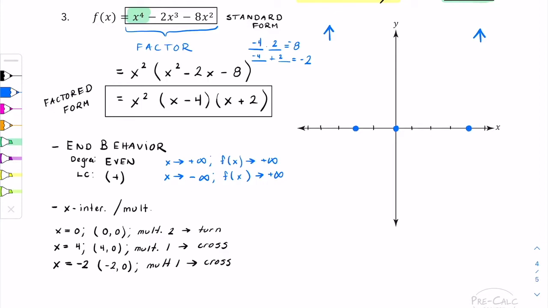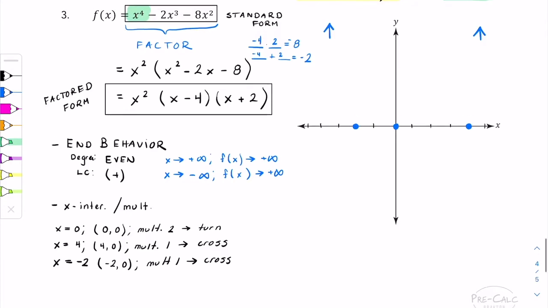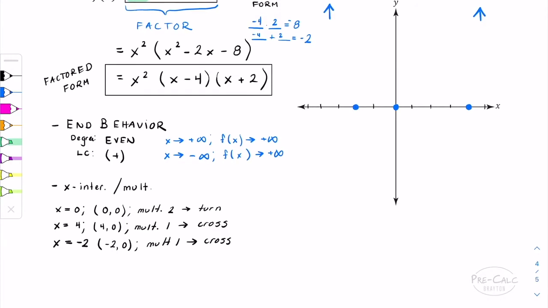Now I need to find points in between each one of these x-intercepts. So I need to find a point in between here and another point in between here. You can pick any x value to test, it just has to be somewhere in between. So I already tested points, and between these two here, I picked to test negative 1.